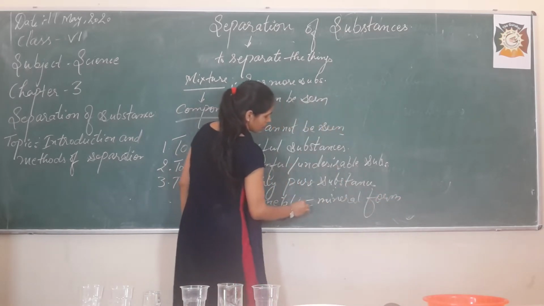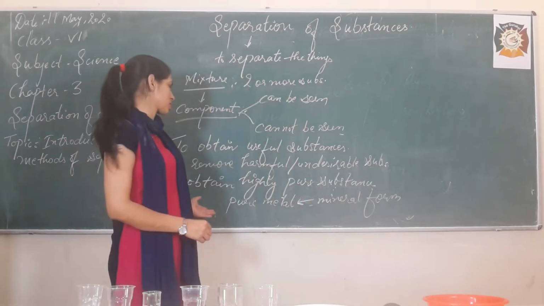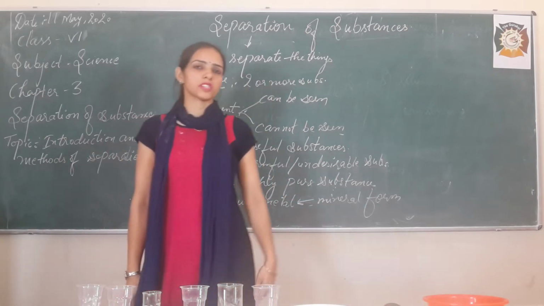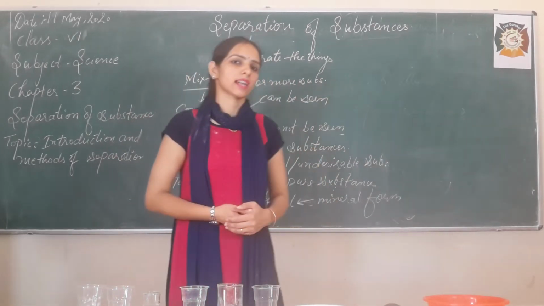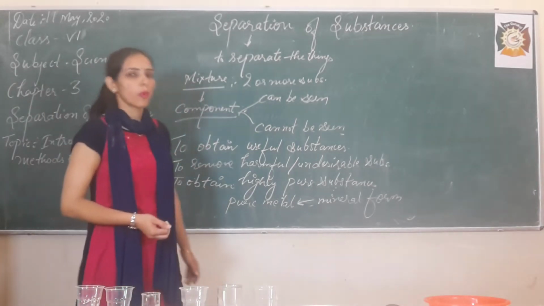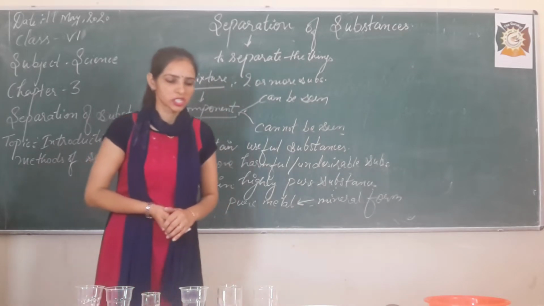Obtaining pure metal from the mineral form is called separation to obtain highly pure substance. This kind of separation you will do in your higher classes, right? So this is all about why separation is done, what the purpose of separation is.